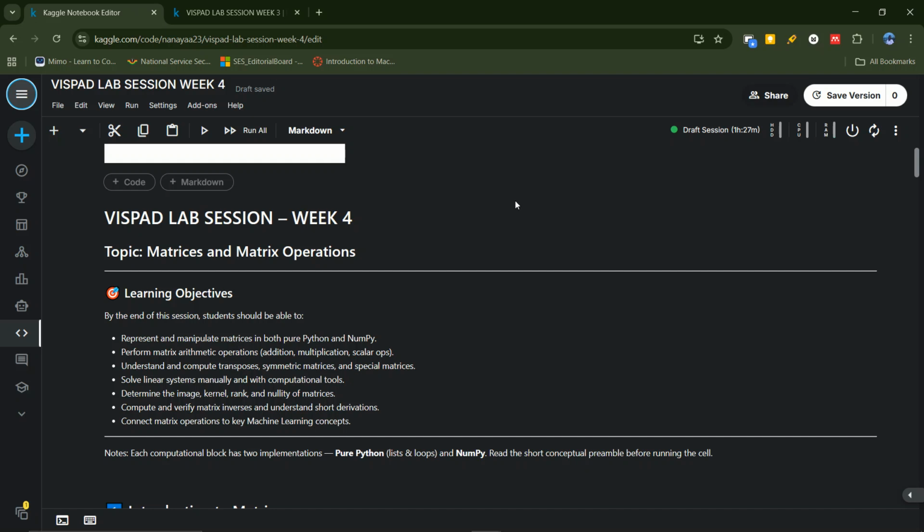These are all things we did during the lectures on Sunday. Whatever we learned on Sunday, we will try to compute with Python code, and also relate them to machine learning as much as possible.